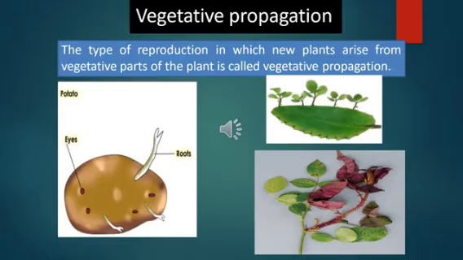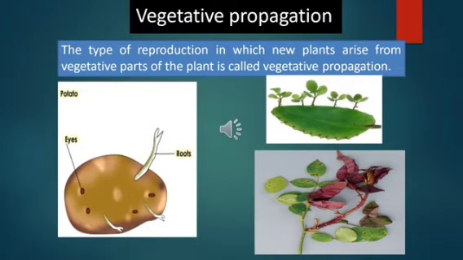So later on, what will happen? These new plants which start growing from the margin of the leaf, they get detached and they develop into a new bryophyllum plant. Okay, so this is another example of vegetative reproduction.